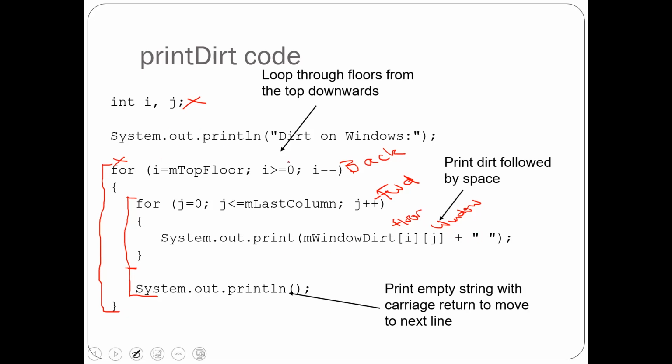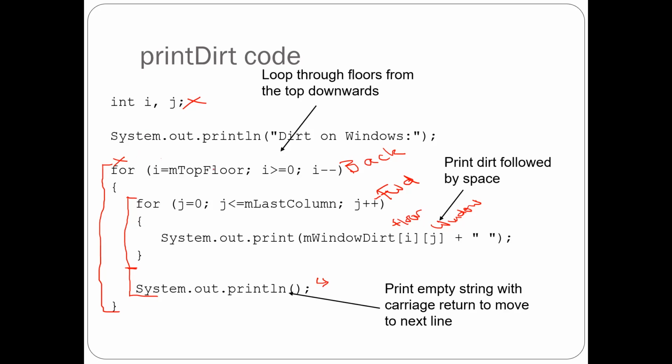So we're effectively going to visit floor 0, visit window 0, 1, 2, 3 until we get to the end. Then we come to the end of that column and do a system.out.println, which will basically put in a carriage return to move us on to the next line.